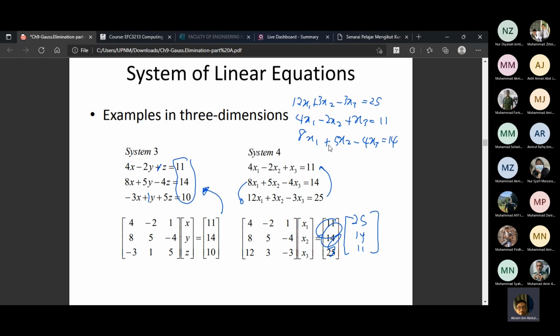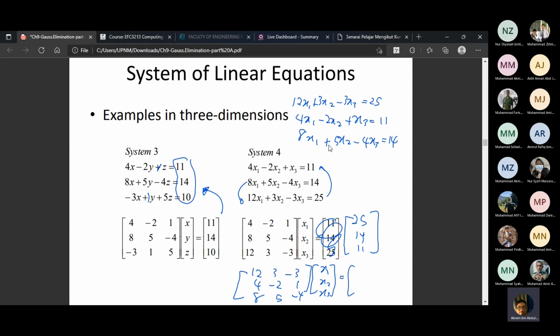So kalau kita tukar kedudukan, maknanya kat sini pun berubah lah. So kita akan dapat 12, 3, negative 3, 4, negative 2, 1, 8, 5, negative 4. Okay, ini masih lagi sama, x1, x2, x3.